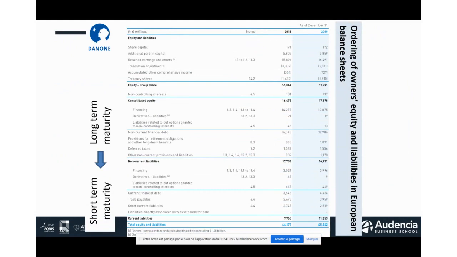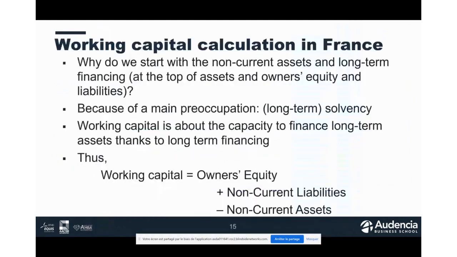And why do you have this presentation? We have this presentation in order to calculate also the working capital. But it's a different calculation of the working capital with the same result at the end because the balance sheet is balanced. But now what we want is the long-term financing minus the accumulated investments for the long term or the long-term needs.